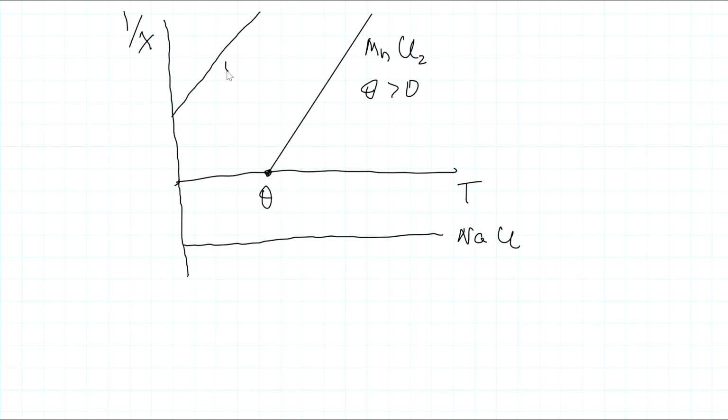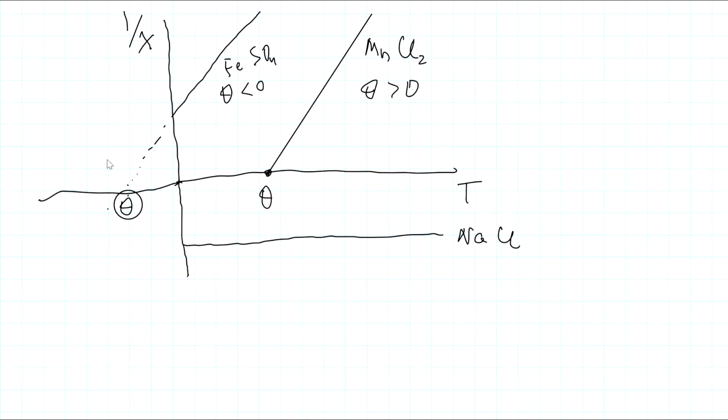This is an example for, let's say, iron sulfate, FeSO4. In this case, the Curie temperature can be less than 0. We'll discuss that. Basically, less than 0 implies that if you extrapolate that, you'll get to a negative Curie temperature in this case.